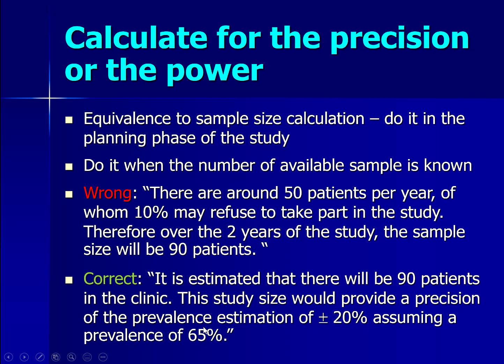It's just like we use the formula to calculate the sample size, but we have a known n of 90 already. We just solve that formula to get d, the precision, based on this, to allow justification for the sponsor or the ethics committee.